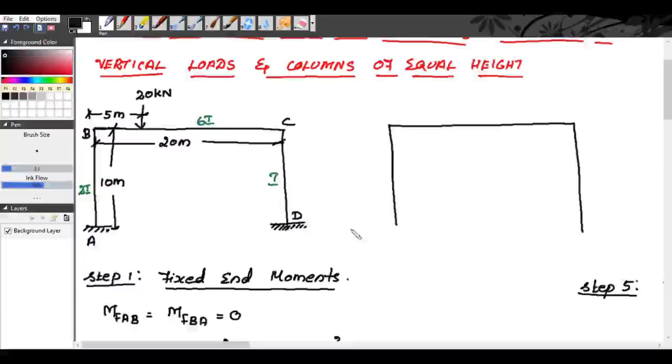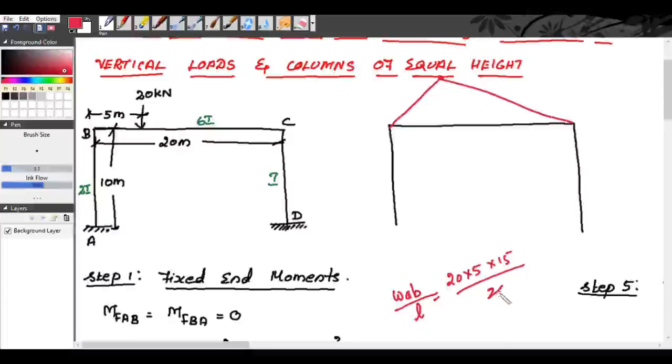First of all, drawing the simple beam moment diagram, it is WAB by L. W is 20 into 5 into 15 divided by 20, we get 75 kilonewton meter.